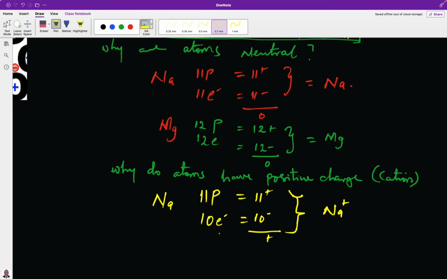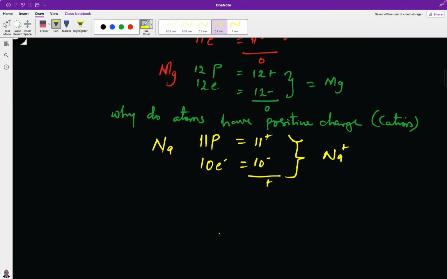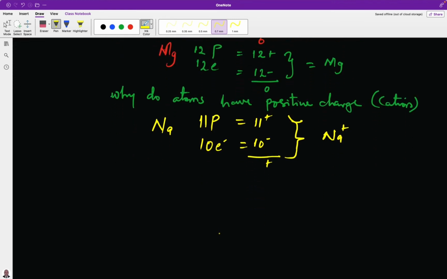I can go again to clarify this other aspect for my learners. Why do atoms have a negative charge, or why are atoms anions?